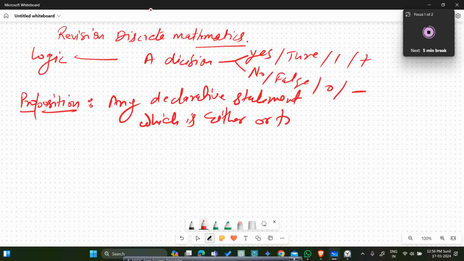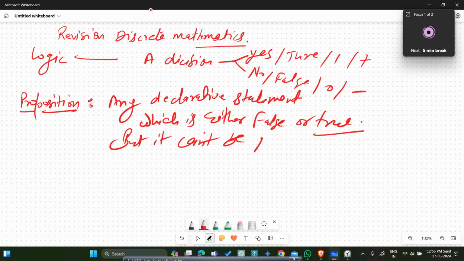But it can't be both, right? So what we are doing, we are giving a decision at any point of time. That decision could be false or true.